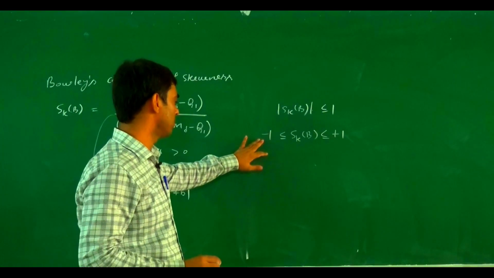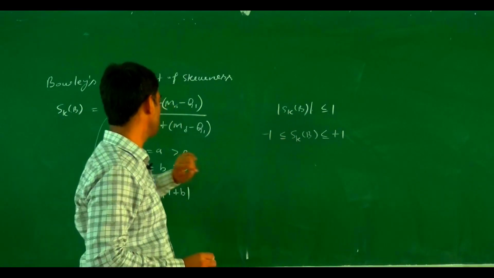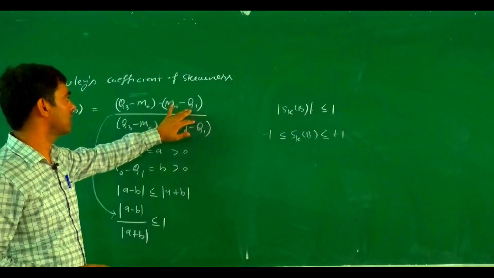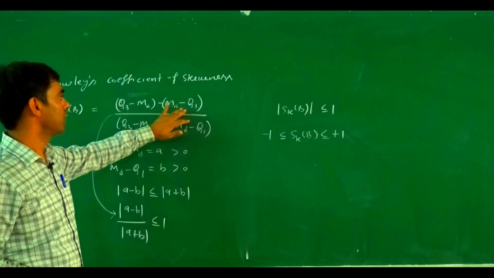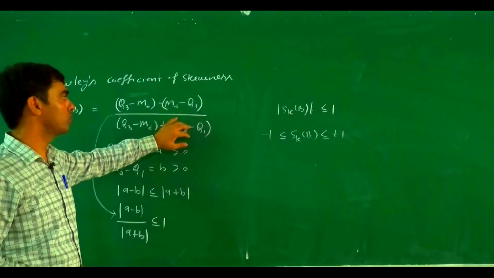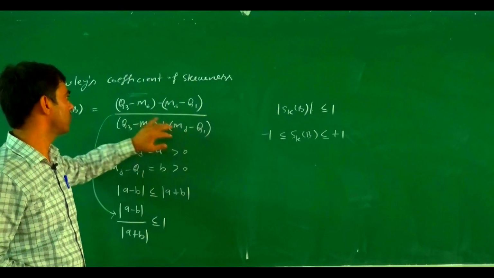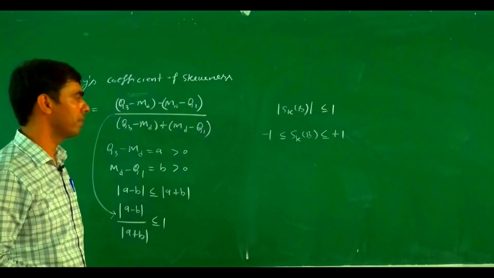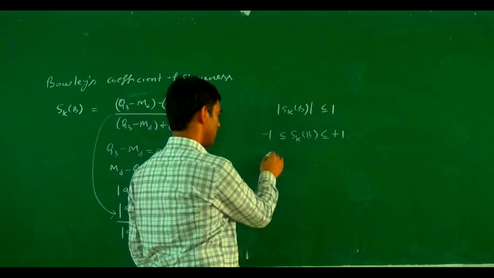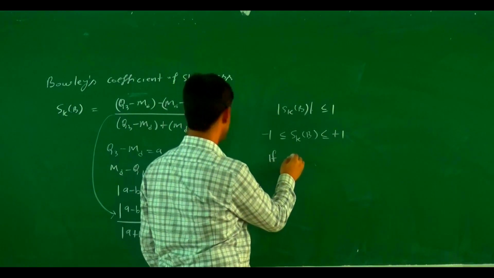Now, when the value for SKB equals minus 1, if you closely observe, if MD minus Q1 equals 0, then this divided by this one becomes plus 1.